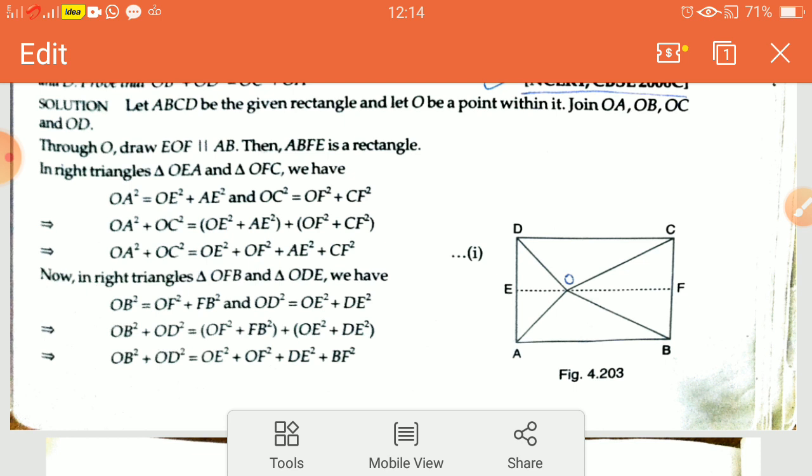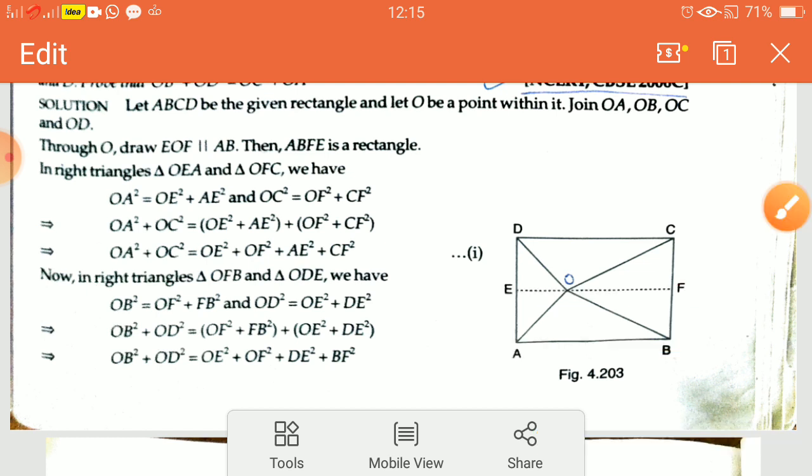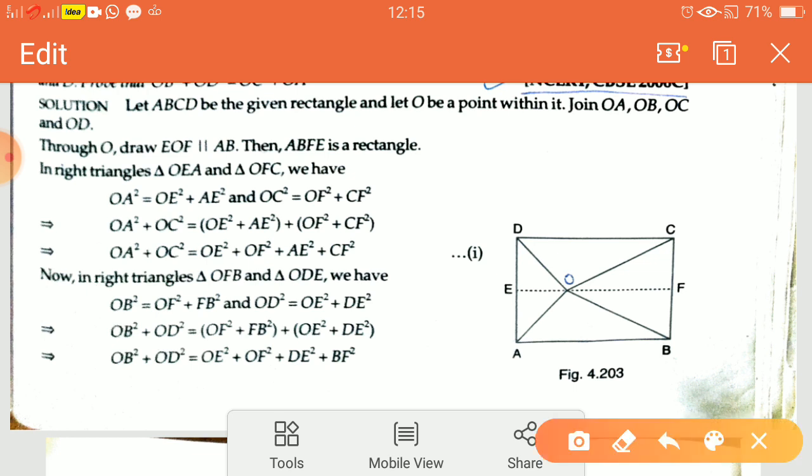Then ABFE will be a rectangle, and in that rectangle here we have to consider the triangle OEA.